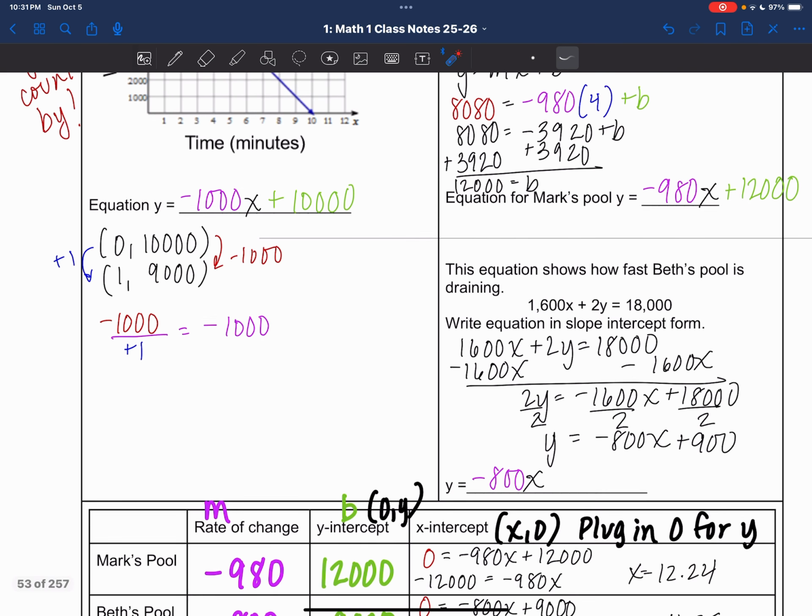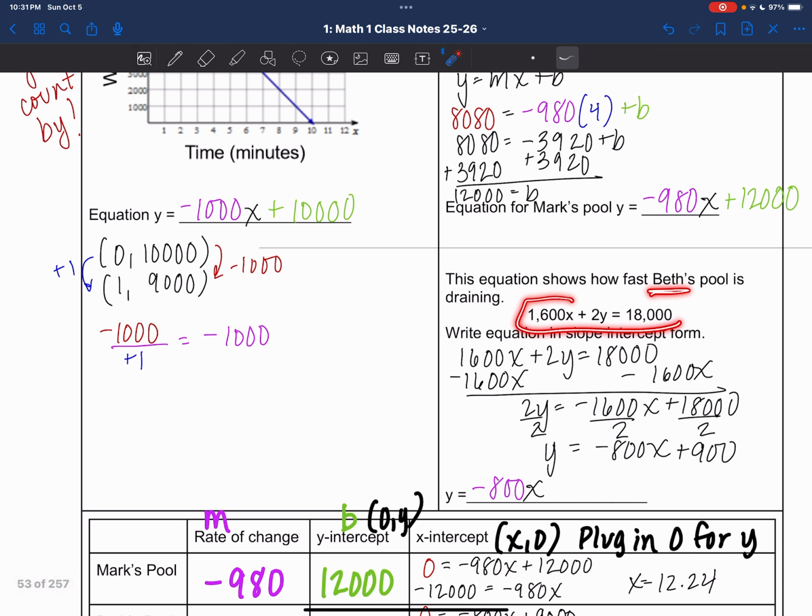Now let's look. Beth was easy. They gave us an equation, but we just have to put it into slope-intercept form. So we're going to move the x over. That cancels out, and I'm left with 2y equals negative 1,600x plus 18,000. And then I'm going to divide each term by 2, and that simplifies. I'm going to get y equals negative 800x plus 900.